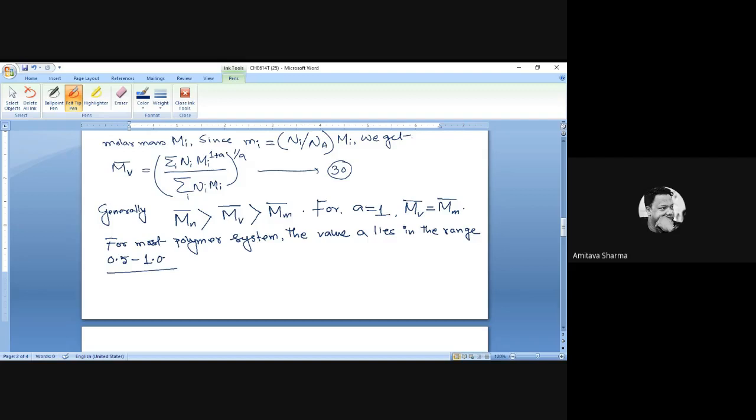So this is all about the relation of intrinsic viscosity with the average molar mass of the polymeric solution. It gives you the idea that if the molar mass increases, the intrinsic viscosity also increases, and this can be deduced by proving this relation.